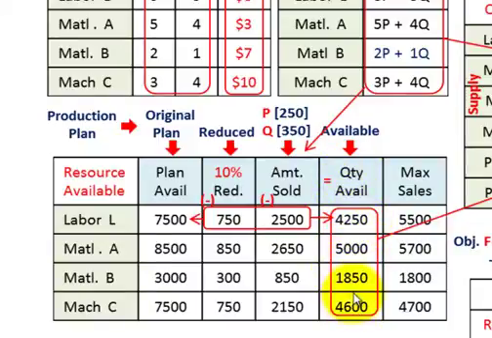So this is what we're going to have to maximize our profit or come up with the best production plan based on our available quantity. Also we have some maximum sales, some quantity. We're not going to really deal with that, but you could work off that as well if you have to. You'd want to look at maximum sales versus available capacity after your reductions. But that isn't going to become a factor in our problem here.